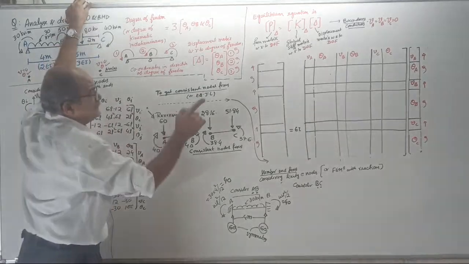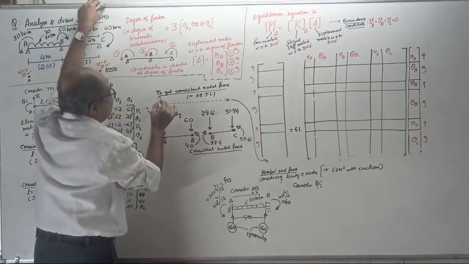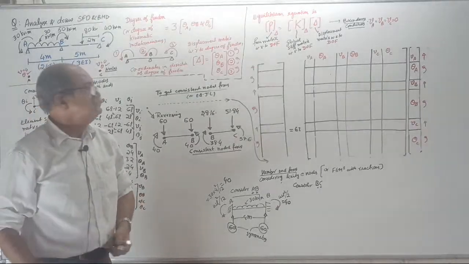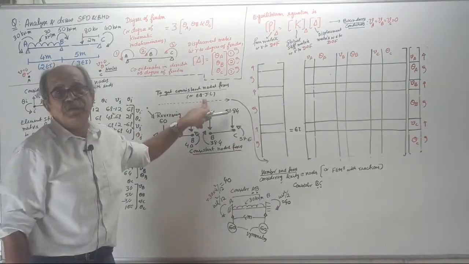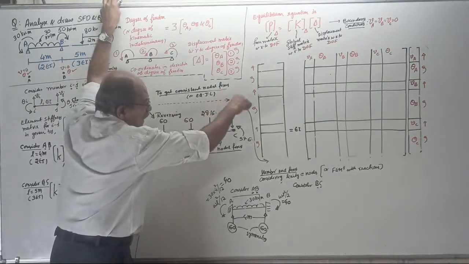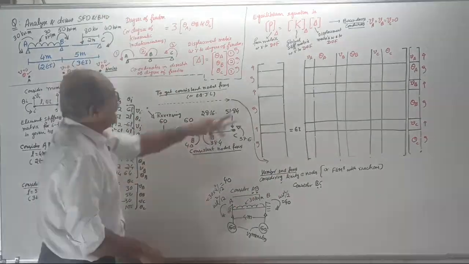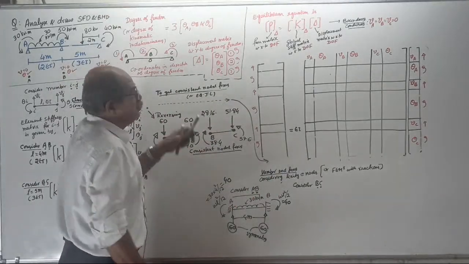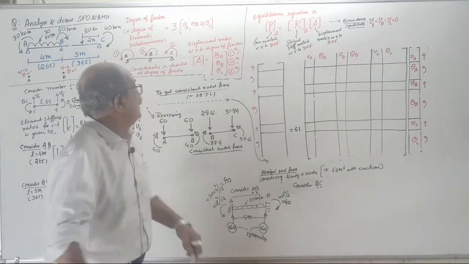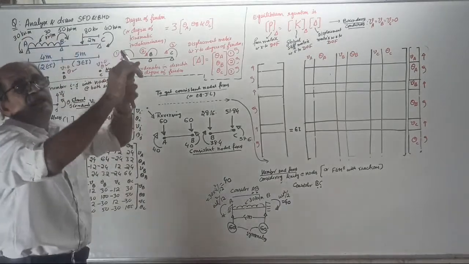Okay. Next step. Before going to equilibrium, to get consistent nodal forces or, in short form, equivalent joint load, remember this answer. You write the statement and go there. To get consistent nodal forces or equivalent joint load, every member should be considered separately.